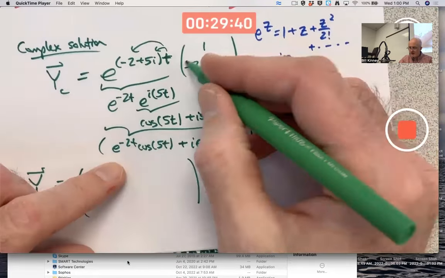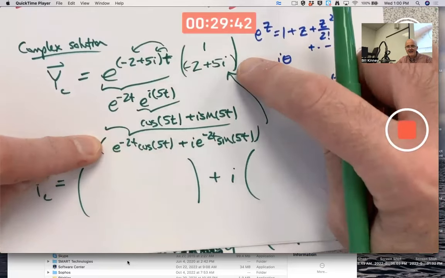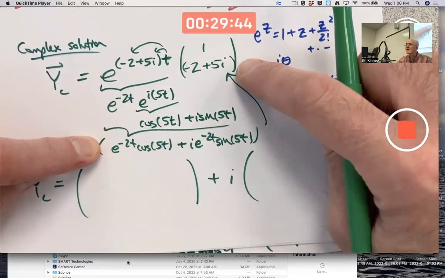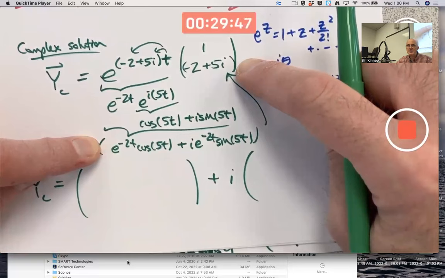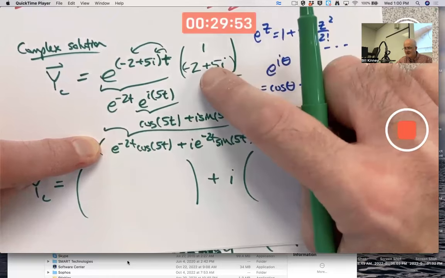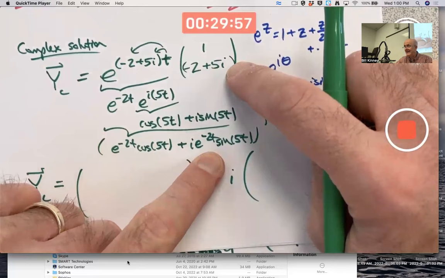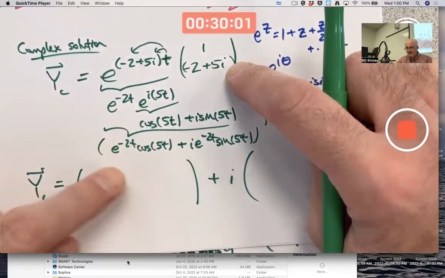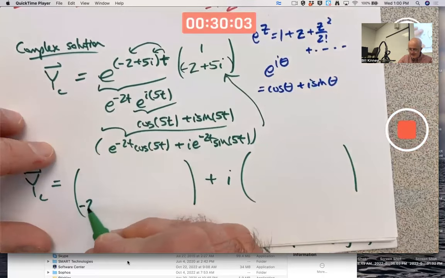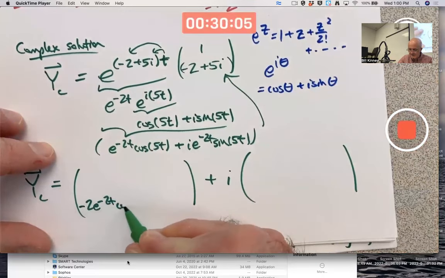When I FOIL here with what I'm pointing at, it's the first times first terms and the last times last terms that will make the i go away. First times first doesn't involve any i at all. Last times last, when you multiply those, you'll get an i squared, which becomes a negative 1. So the first times first is negative 2 e to the negative 2t cos 5t.